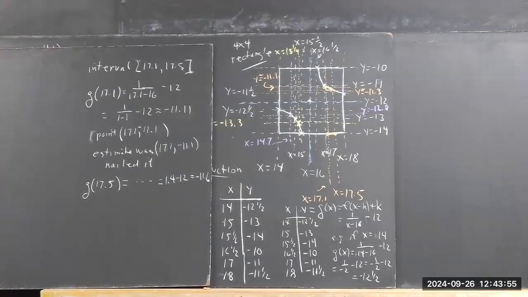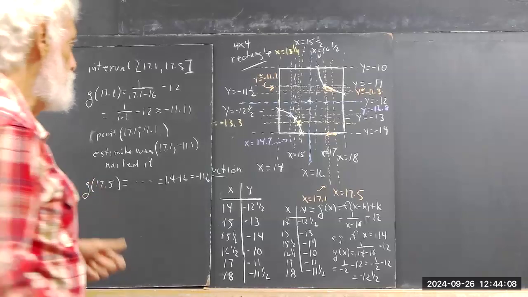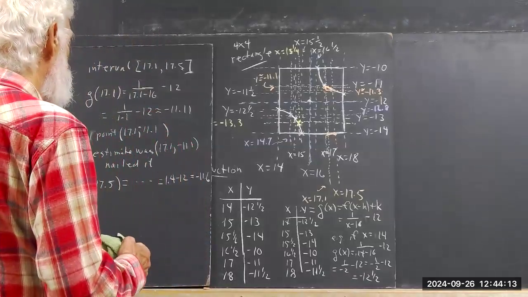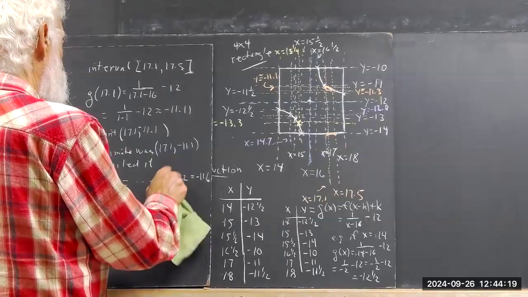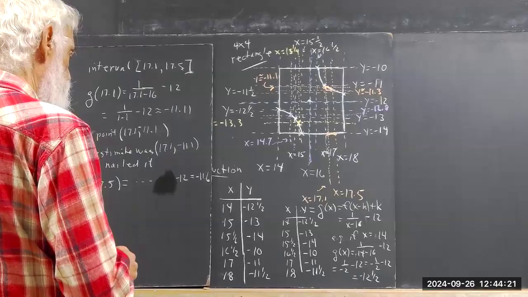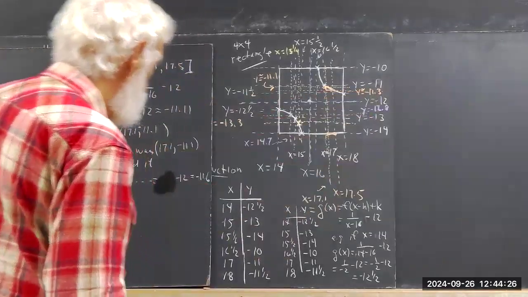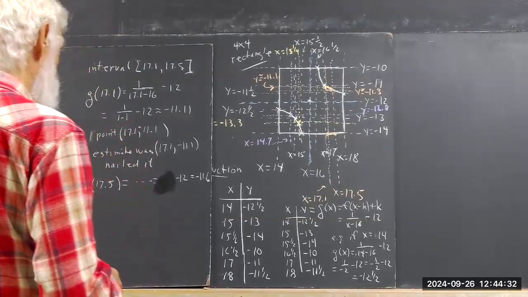Now, I'm pretty sure of that, but you can check it with your calculator. Do 17.3 minus 16, you get 1.3. Okay, never mind. Oh, it's 1.3. And the reciprocal of 1.3 is 1.4. So I did something dumb there. Again, negative 11.6 is too far off. Negative 11.3. I think my graph and my estimate were more accurate than that.